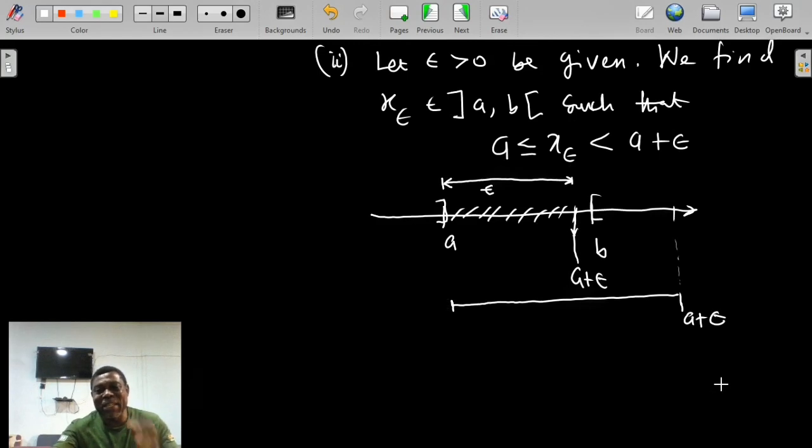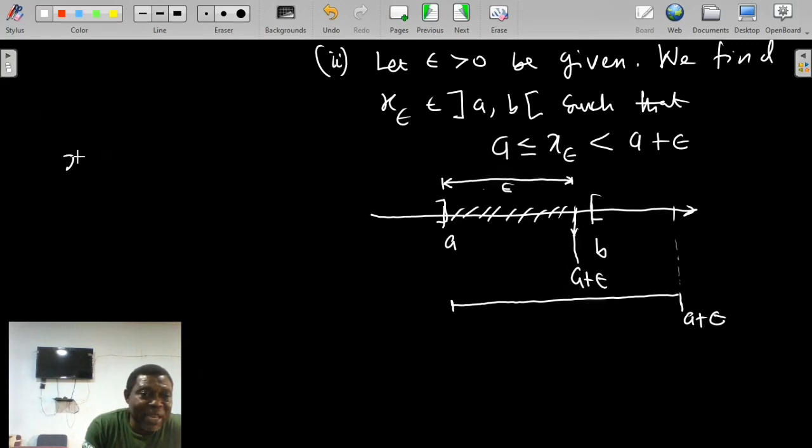So what are we saying? Epsilon could be such that it is less than or equal to the distance from A to B, or it is bigger than the distance from A to B. Now let me put this down here, even though I've not introduced that notion before. I mentioned it when I talked about the absolute value function, but did not discuss it.